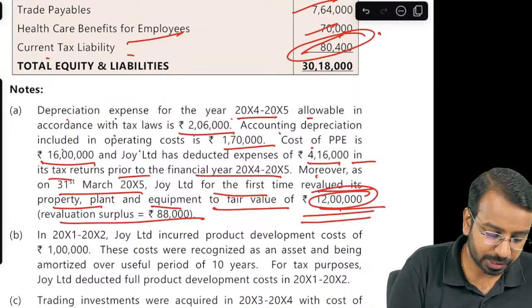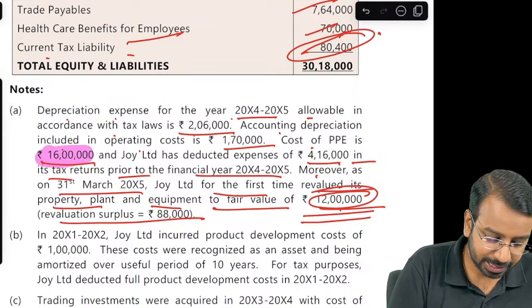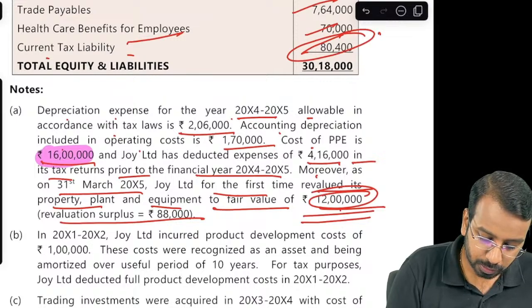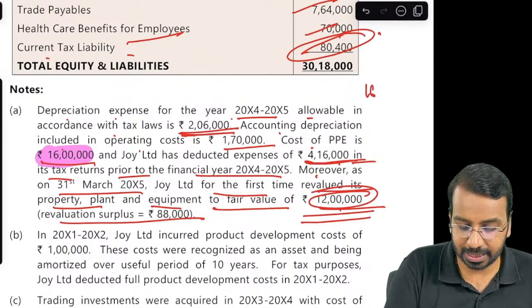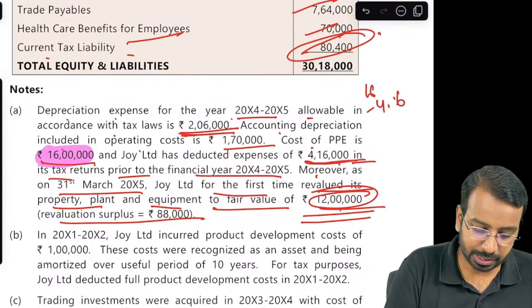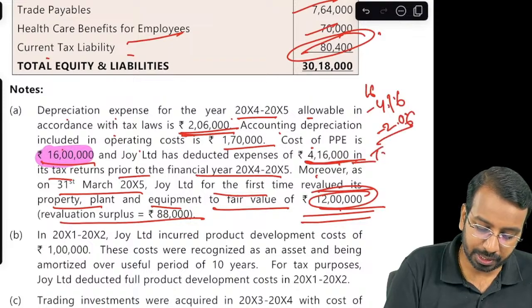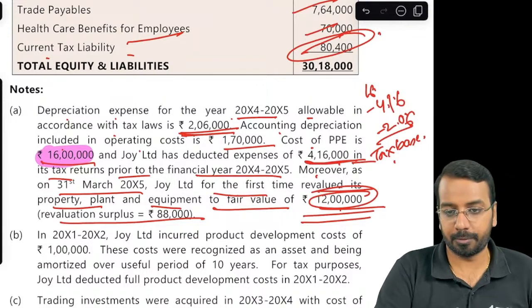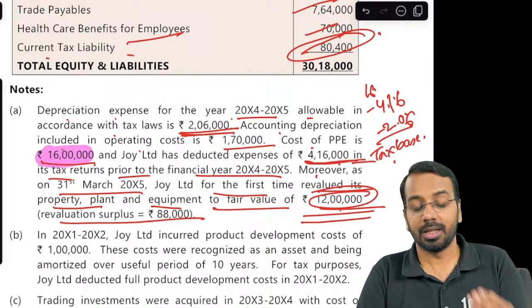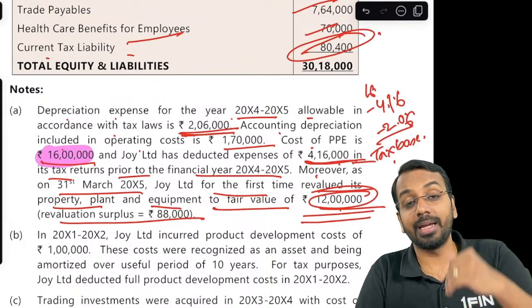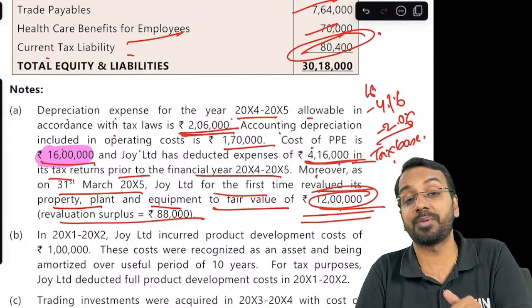What is the tax base? Tax base is 16 lakhs minus 4,16,000 minus 2,06,000. So what you have to do? 16 lakhs minus 4.16 minus 2.06. What you will get? You will get the tax base. Now, tax base is lower than the carrying amount. If the tax base is lower than the carrying amount, means you will be given lesser depreciation in future.